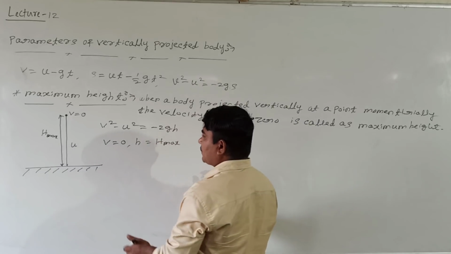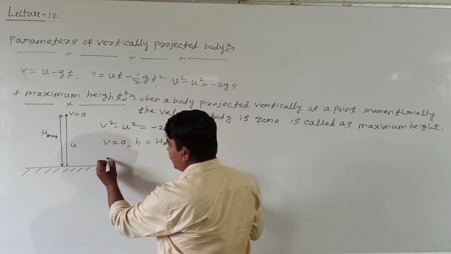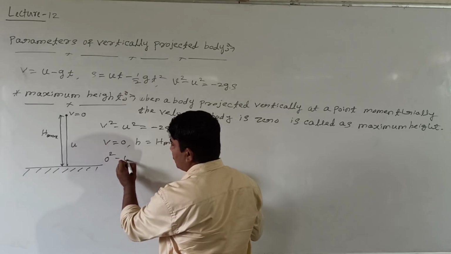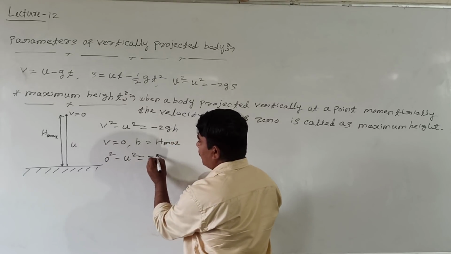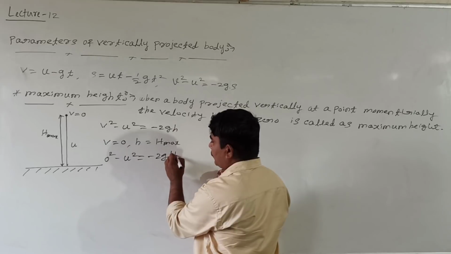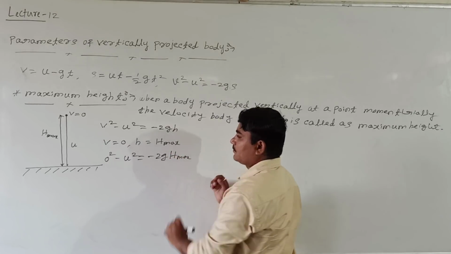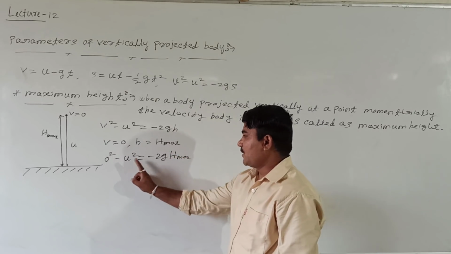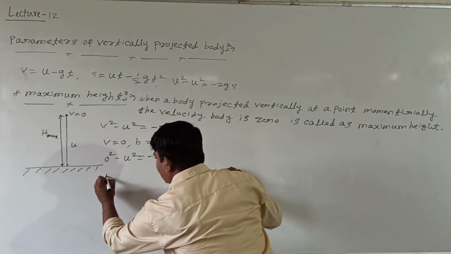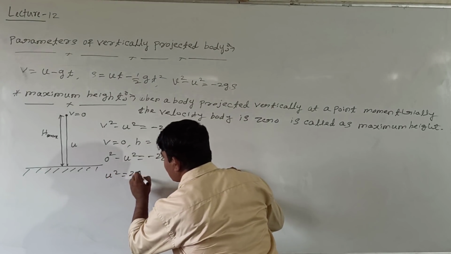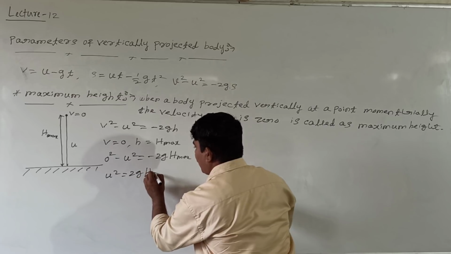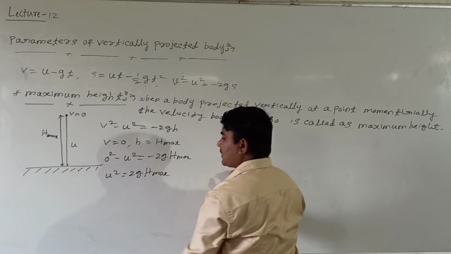Then 0 square minus u square equals minus 2g h maximum. The minus can cancel. What is remaining? u square is equal to 2g h maximum.